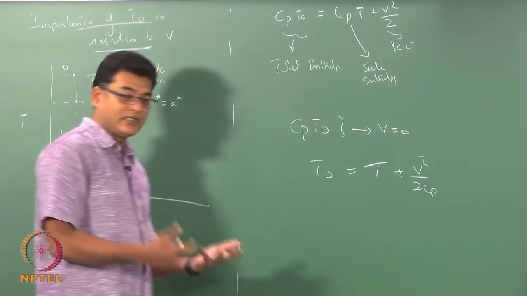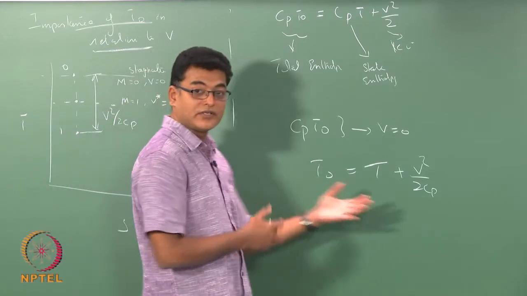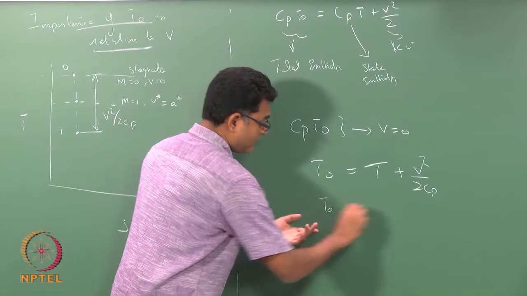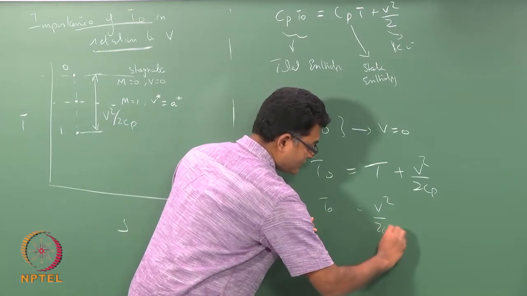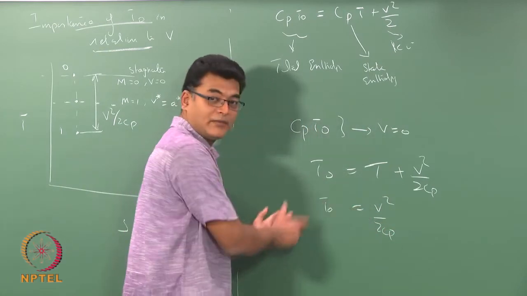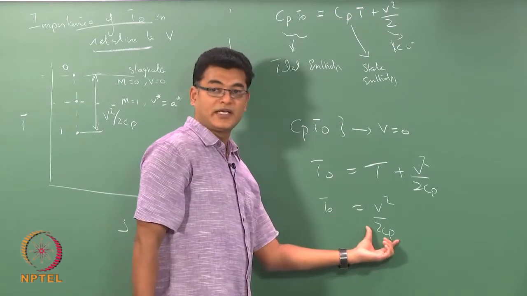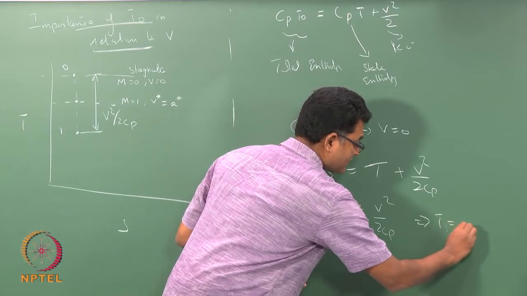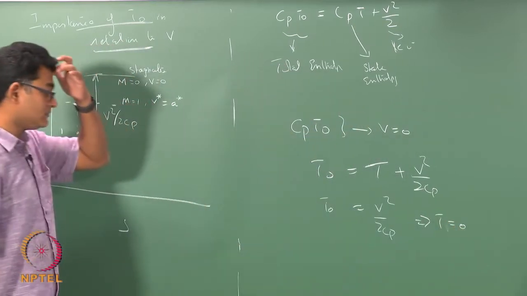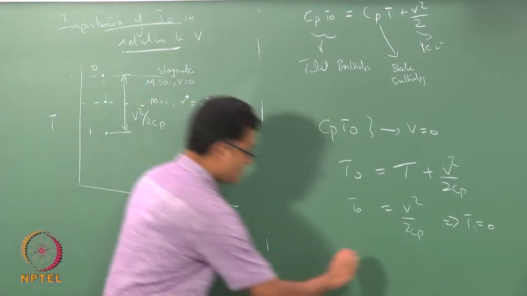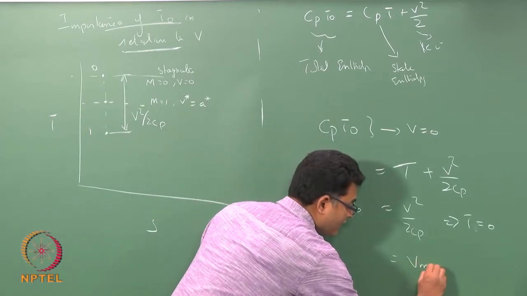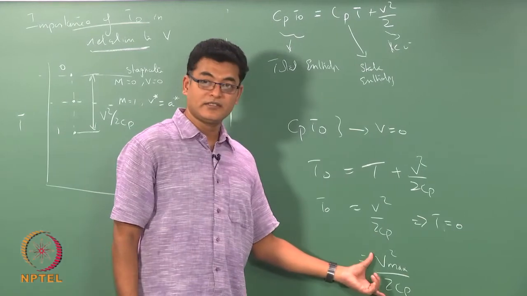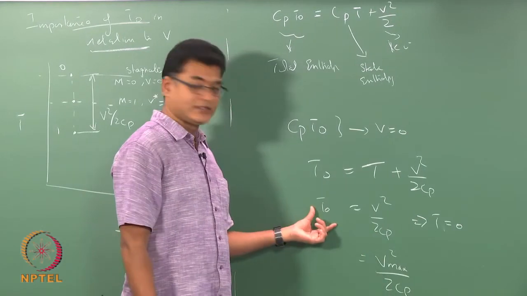If the whole of the total enthalpy is converted to kinetic energy, obviously you get T0 equals V square by 2 Cp, where the whole of this enthalpy is converted to the kinetic energy, implying your static temperature is 0. Okay. Or this is your V max, that is the maximum possible velocity you can get from this.